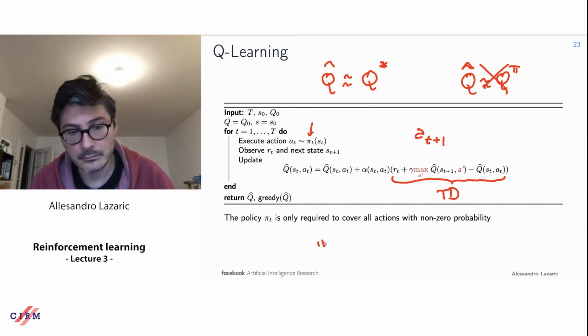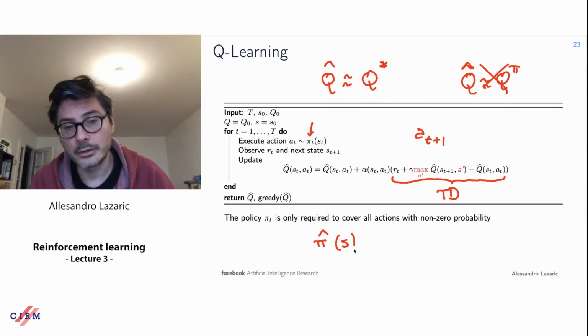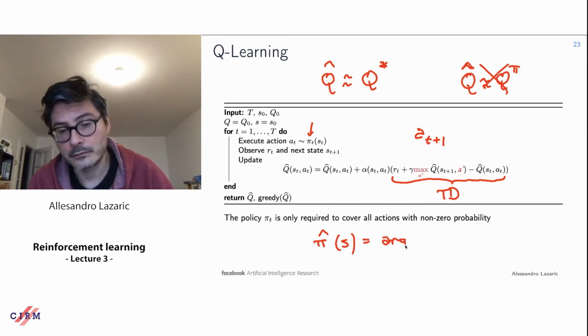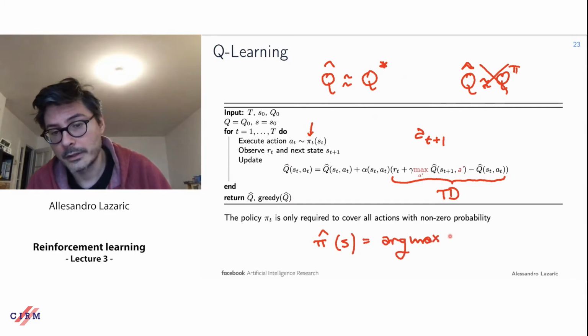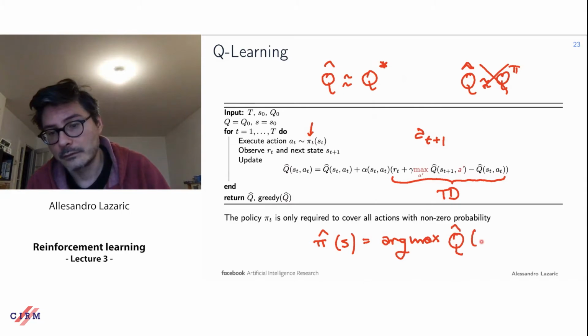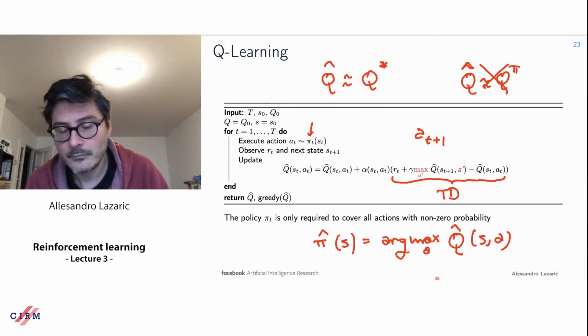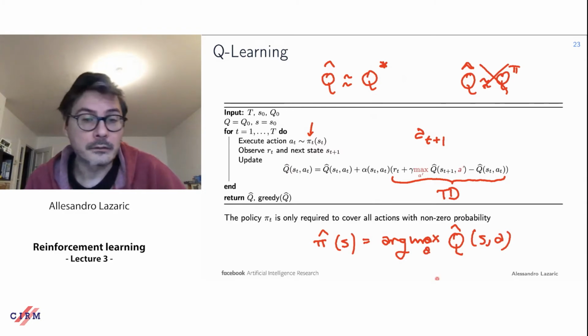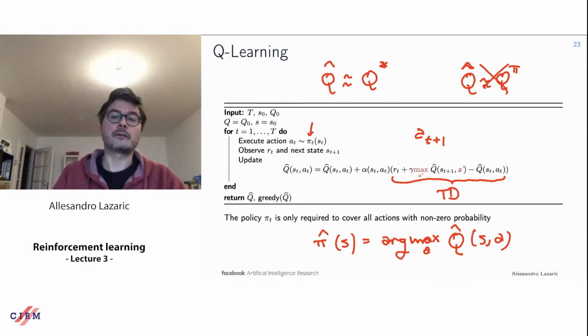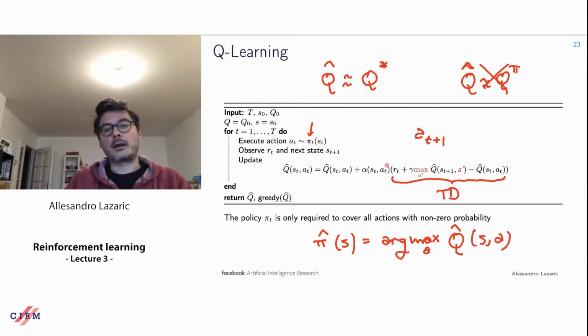So again, just to recall, a greedy policy will be basically just the one that maximizes the Q that I return at the end of my process. And again, similar to what we said before, if I set the learning rate properly and so on and so forth, then this will naturally tend to converge to Q star.